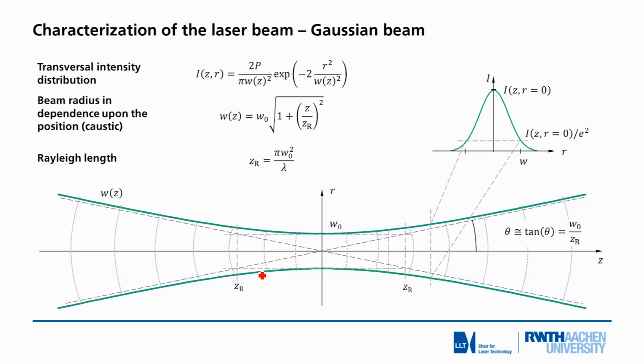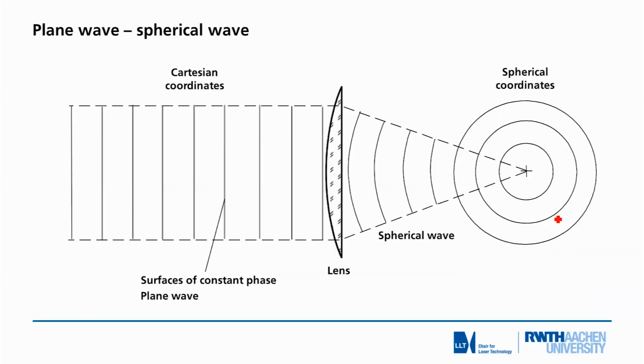This crossover is exactly where the Rayleigh length is. And then you can see that the divergence angle theta is just w0 over zR, the Rayleigh length. As a matter of fact, it is the tangent of that, but for small angles we can neglect the tangent. So this is the relation we will need later for further analysis.